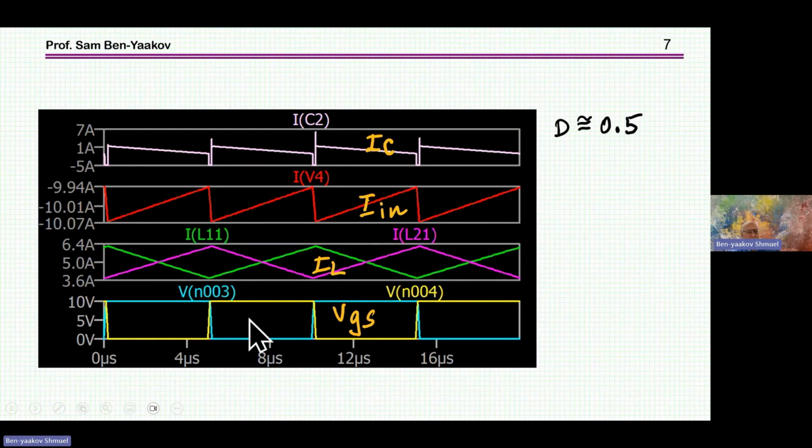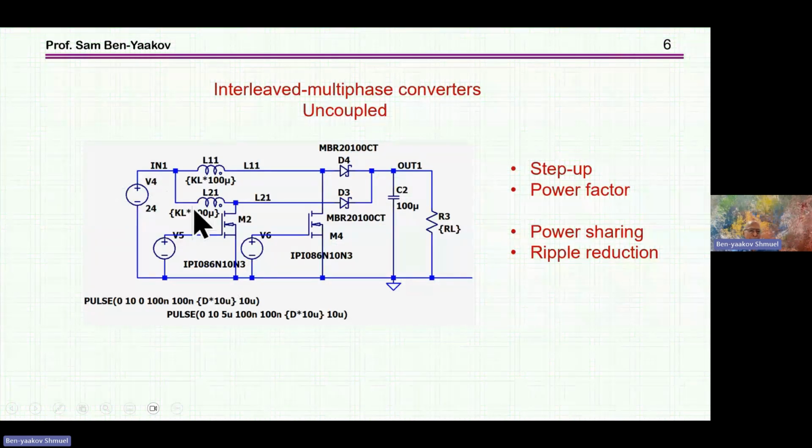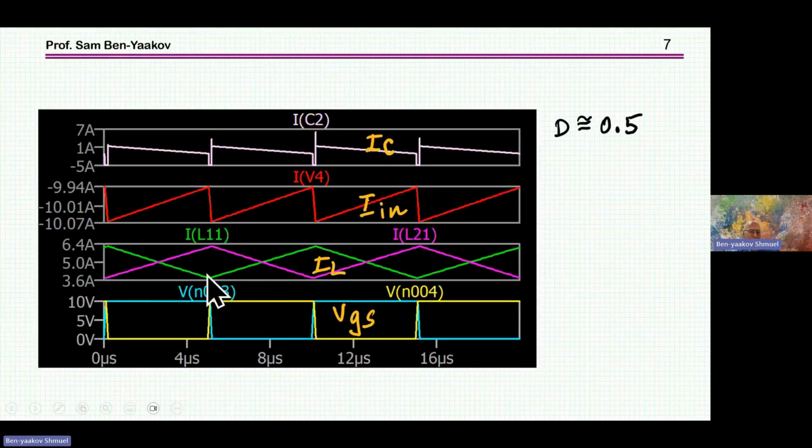The diode is working, so we have opposite polarity of the ripple. So when they are combined at the input, like here, there is a cancellation. Because it's not exactly 0.5, it's not 0, but it's a small ripple.